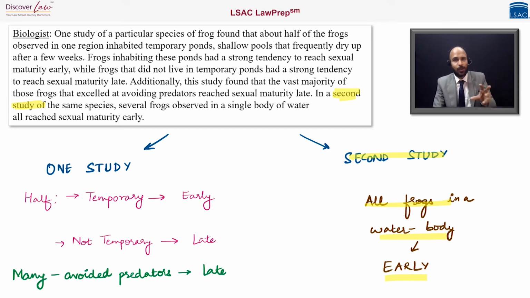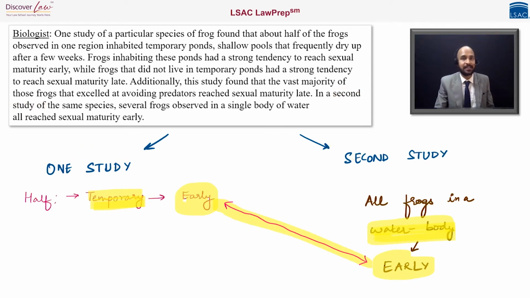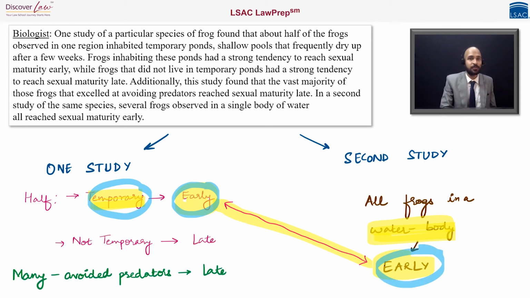Now, you have two studies before you, and you can find that there's a parallel at some point. The parallel is here. Study number one talks about temporary and early, and here you can see early. You needn't bother so much about these here because they talk about reaching sexual maturity late.